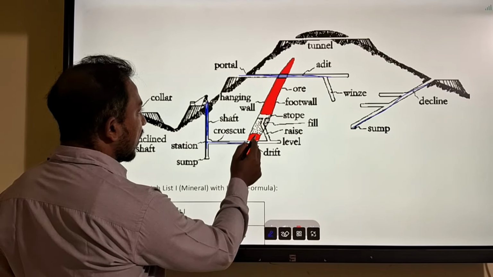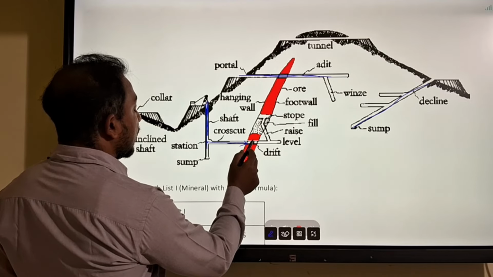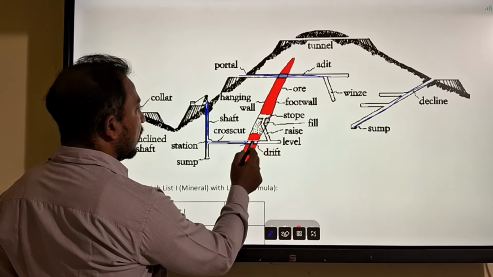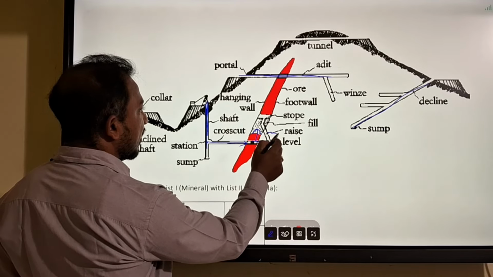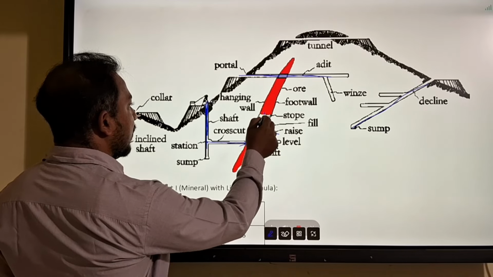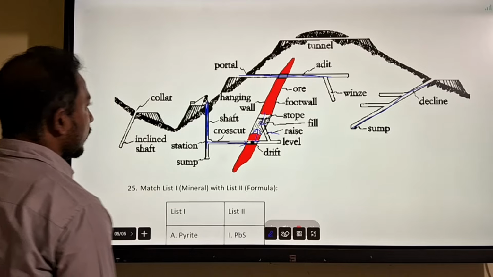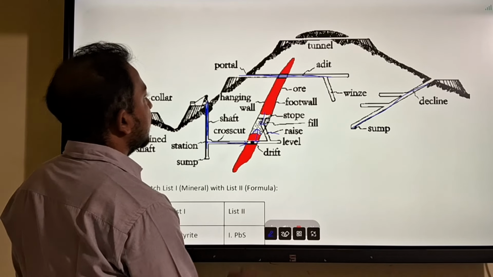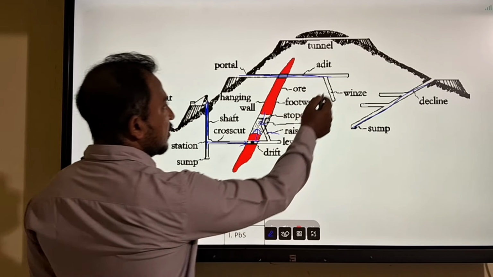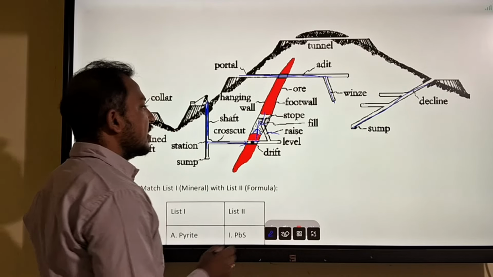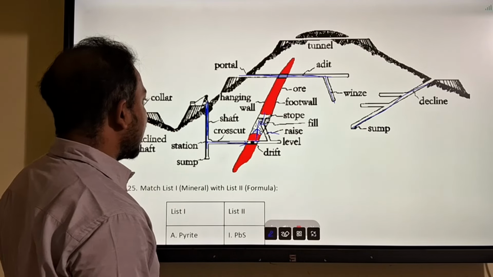If you excavate the ore body from lower level to higher level, it is called a raise. From higher level to lower level, it is called your winze. Then this is your winze from higher to lower, and from lower to higher it is your raise.